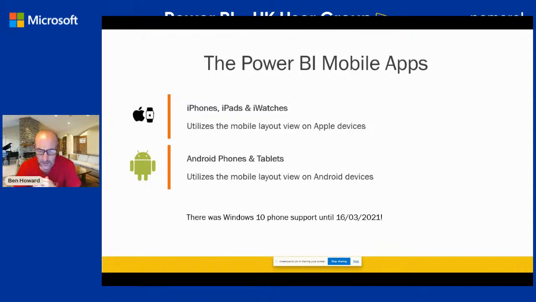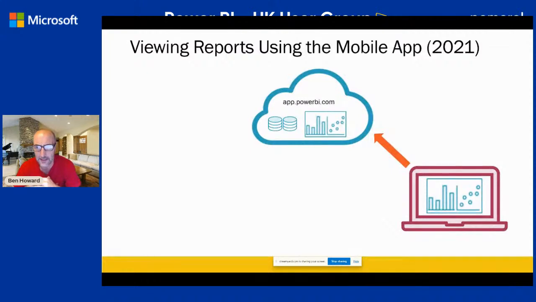Okay, so let's look at this slide. How do we view reports using a mobile app? Well, this is what it was like 18 months ago in 2021. We'd take our report down on the lower right there, and we'd publish that up to app.powerbi.com.